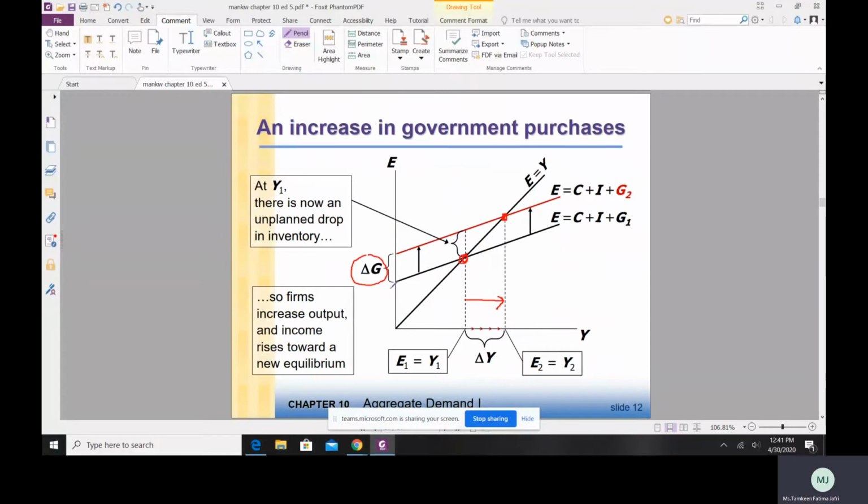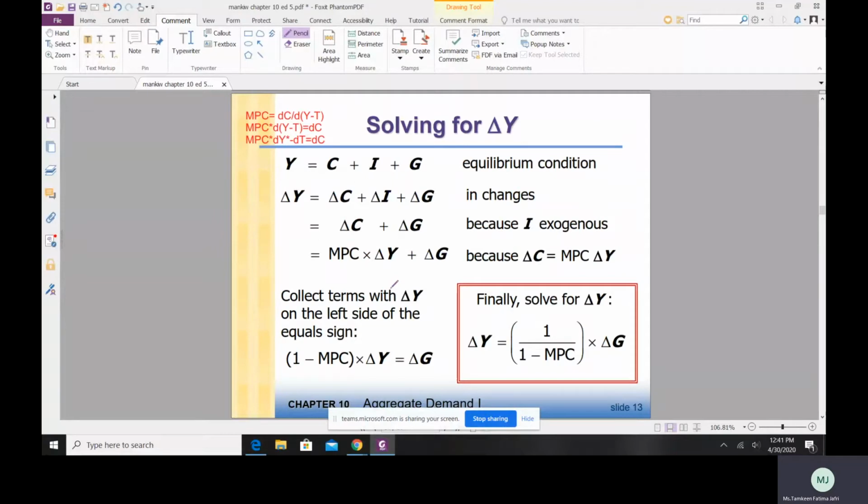Okay? You can also understand this with the help of these equations. So this is the initial equilibrium condition. So equilibrium occurs where the supply for goods and services, which is the left side, equals the demand.